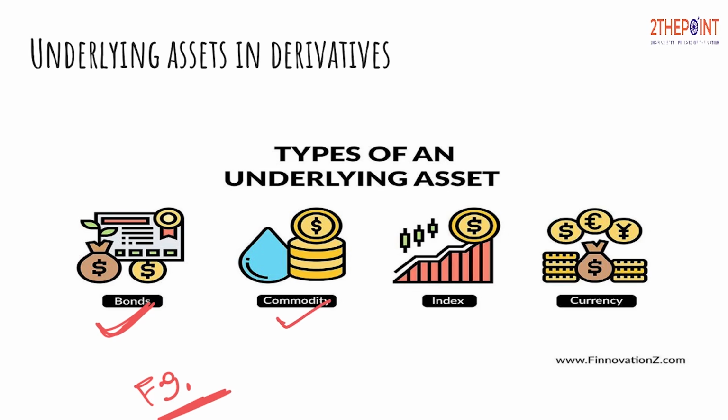It could be commodities also, indexes, which is BSE, NSE, and currencies. Currencies is like dollar, yen, pound. Whatever my financial instrument is relying on, whenever its price changes, it will change my derivative's price also. So these are the commonly accepted underlying assets which prevail in the market.